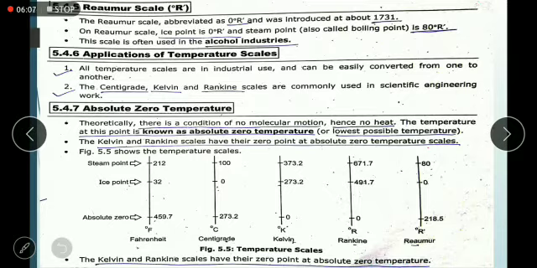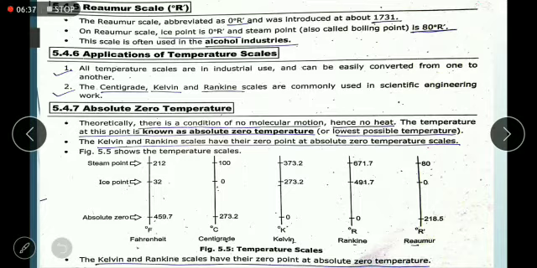Now you can see in this figure 5.5 the temperature scales and absolute zero temperatures. For Fahrenheit, the steam point is 212, the ice point 32 degrees Fahrenheit, and absolute zero is at minus 459.7 degrees Fahrenheit. For centigrade, 100 degrees is the steam point, 0 degrees the ice point, and minus 273.2 is absolute zero.